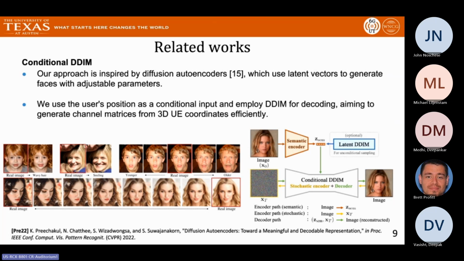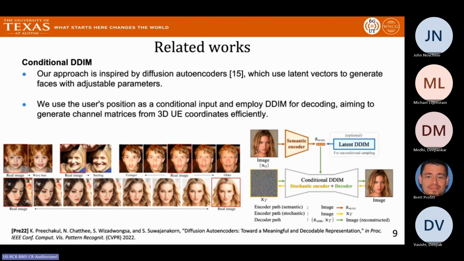Then in the diffusion model, it starts from Gaussian noise, and the noise is denoised step by step to make the human face. This latent vector from the semantic encoder has the information of the human face, so the image can be reconstructed. And as you can see here, if we change some parameters, we can change this young face to an older face or something like that.